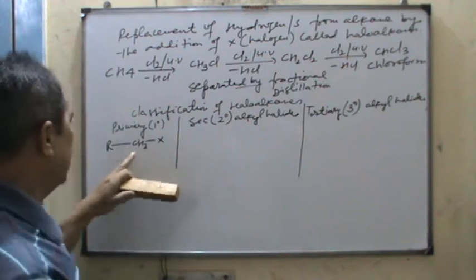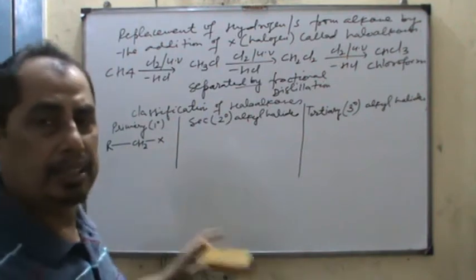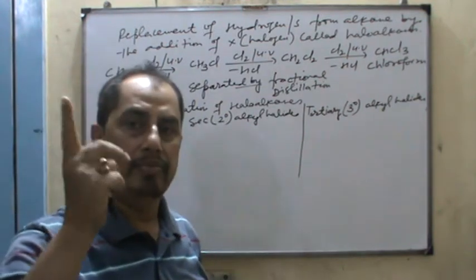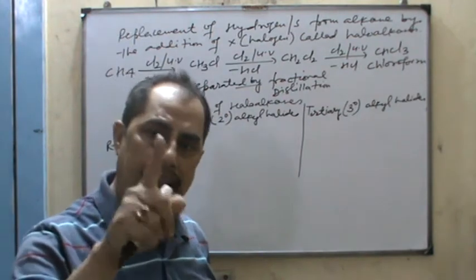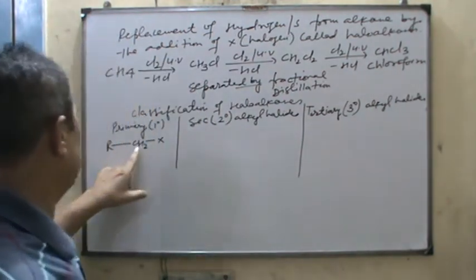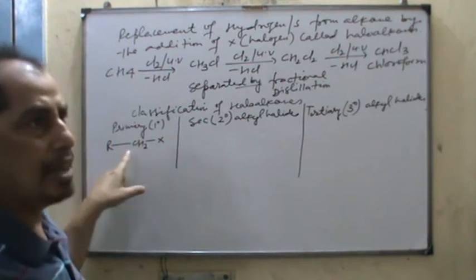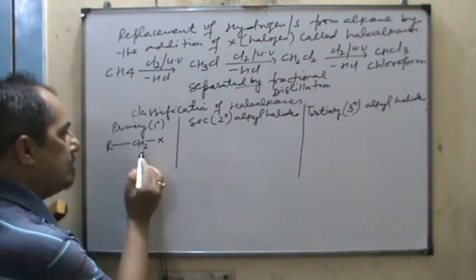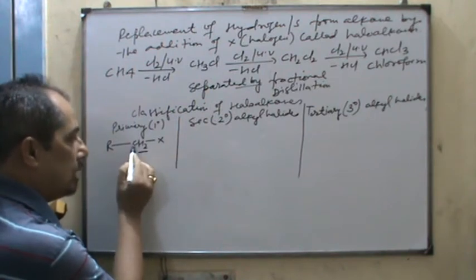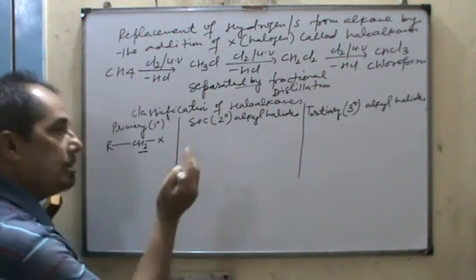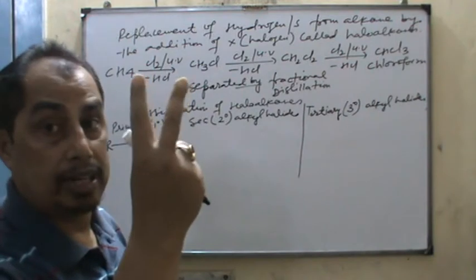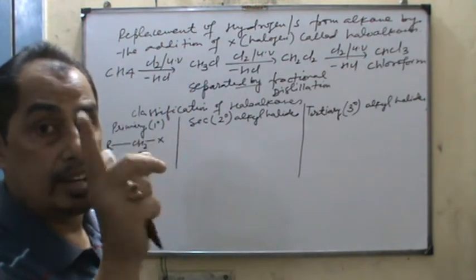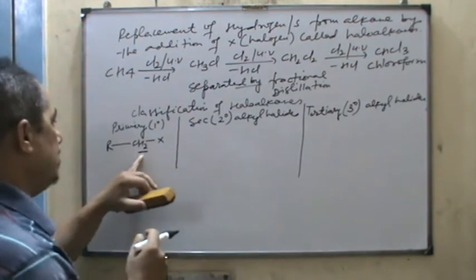When the halogen is linked to the carbon containing 2 hydrogens, when that carbon is linked with only one carbon, it is 1 degree carbon. So 1 degree alkyl halide means the halogen is linked with the carbon containing how many hydrogen atoms? 2 hydrogen atoms. That is the identification of primary alkyl halide.